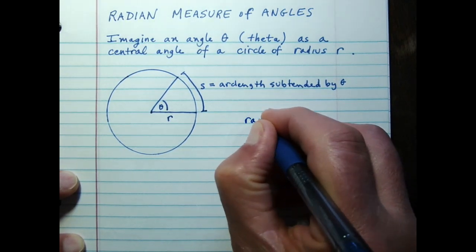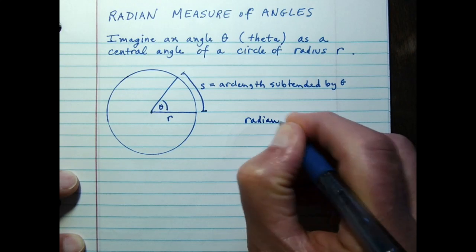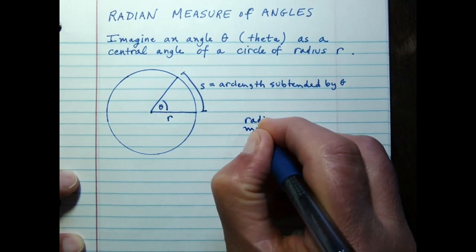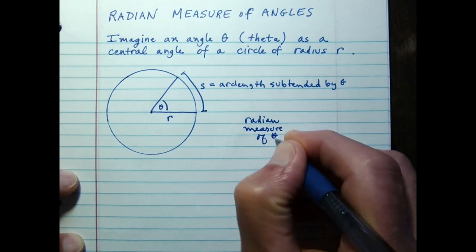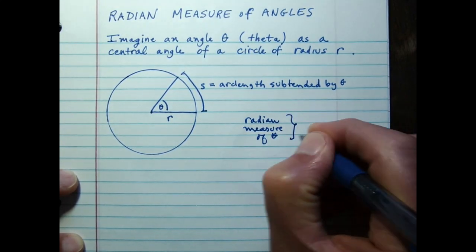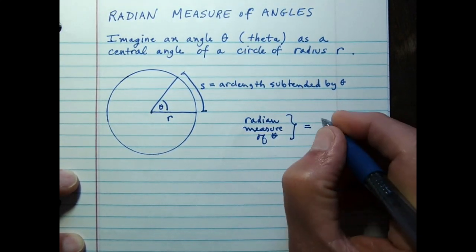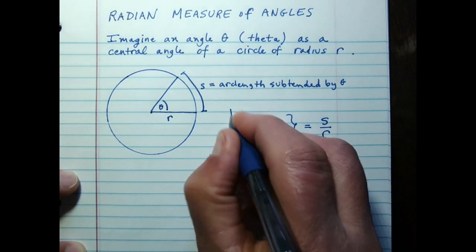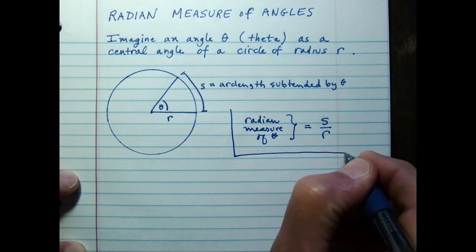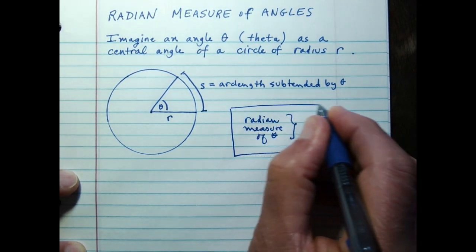So this length, this portion of the circumference, is equal to S. The radian measure of theta is equal to S divided by R, the arc length divided by the radius of the circle.